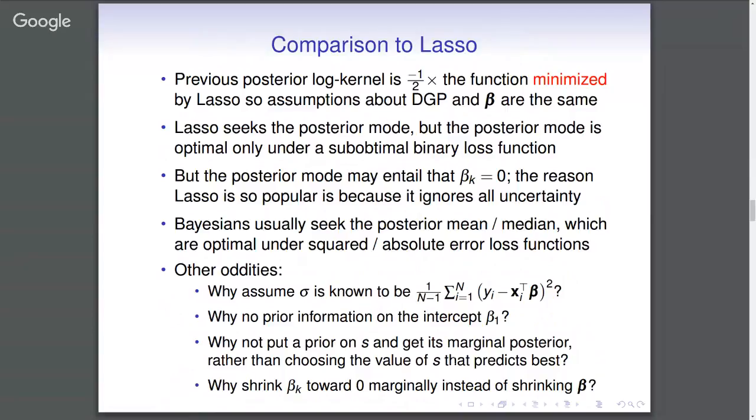And as I said a few minutes ago, a posterior mode isn't even worth calculating. It's something that's optimal under the highly suboptimal loss function, that your loss is 0 if you get the parameters exactly correct, and your loss is some constant if you get the parameters even the slightest bit wrong. If you take the expectation of that loss function, then the optimal estimator is the posterior mode.